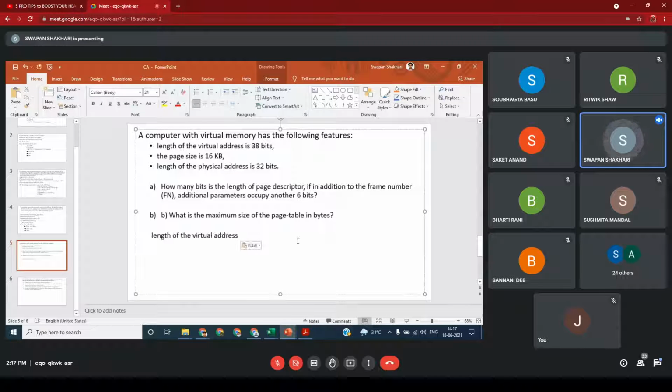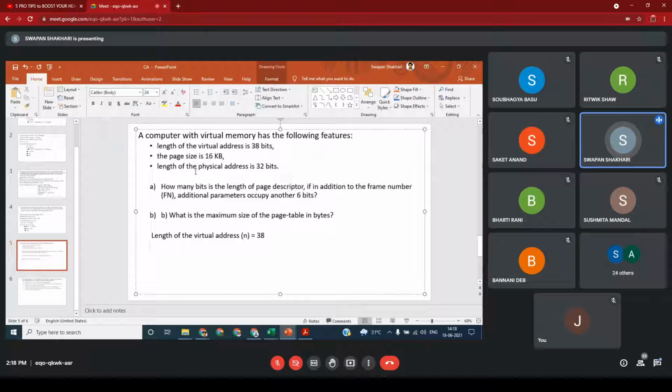Okay, so let us calculate. Length of the virtual address is given. Okay, this is 38. So let us give some name. So 38 bits means 2 to the power 38. Okay.